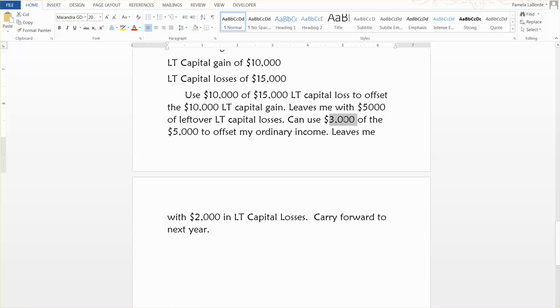I could still just use 3,000, but that would leave me with 12,000 in short-term capital losses. I would carry the 12,000 forward to the next year where I could only use 3,000 of it, assuming I didn't have any other long-term capital gains to offset the 12,000 with. So when you carry it forward, you can only carry forward 3,000 a year in essence.